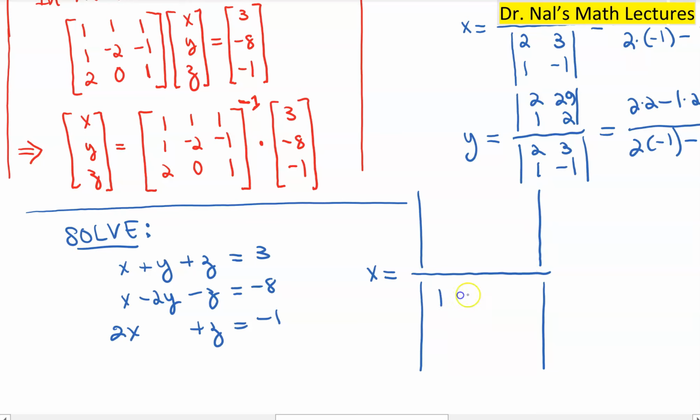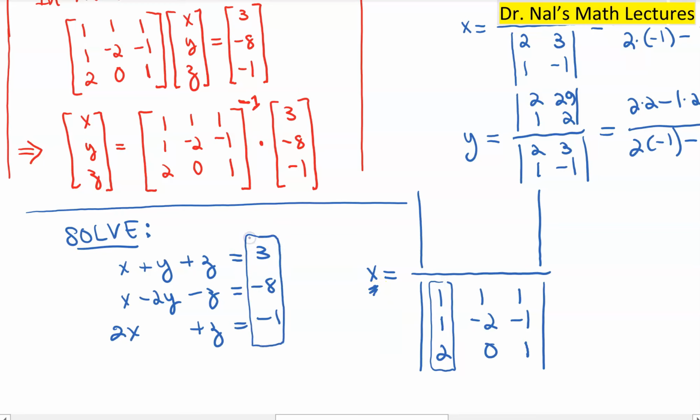So in the denominator, it will be the coefficient matrix 1, 1, 1, 1, minus 2, minus 1, and 2, 0, 1. In the numerator, what I will do is replace the very first column, because this is the first variable, with the numbers from the right hand side of this system of equations. So it will become 3, minus 8, minus 1.